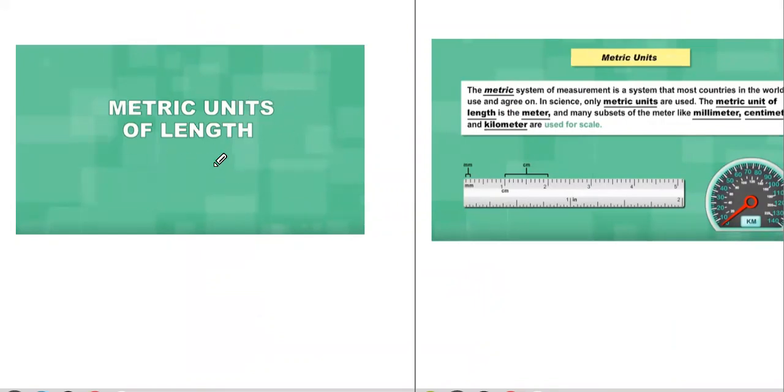To start, what are the metric units of length? At the beginning, I wanted to tell you again that the metric system of measurement is a system that most countries in the world use and agree on. I want to tell you it's not only most, it's the whole world. In science, if you are talking only about science, we use only metric units.